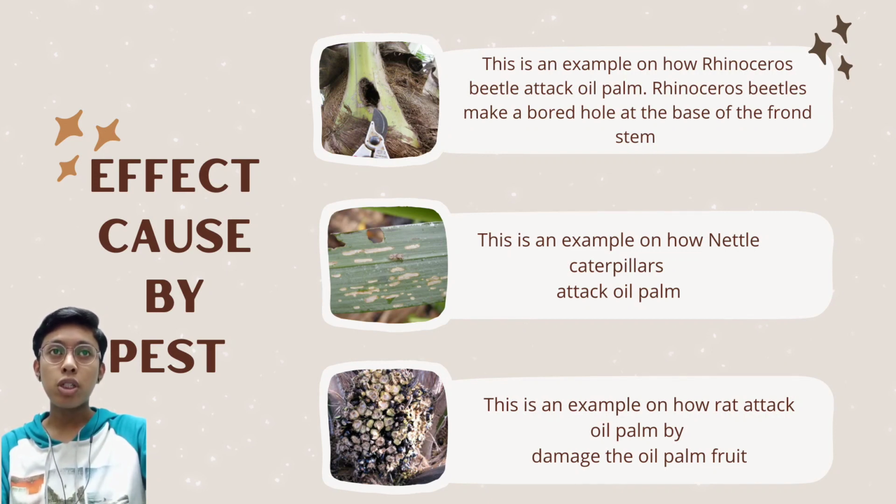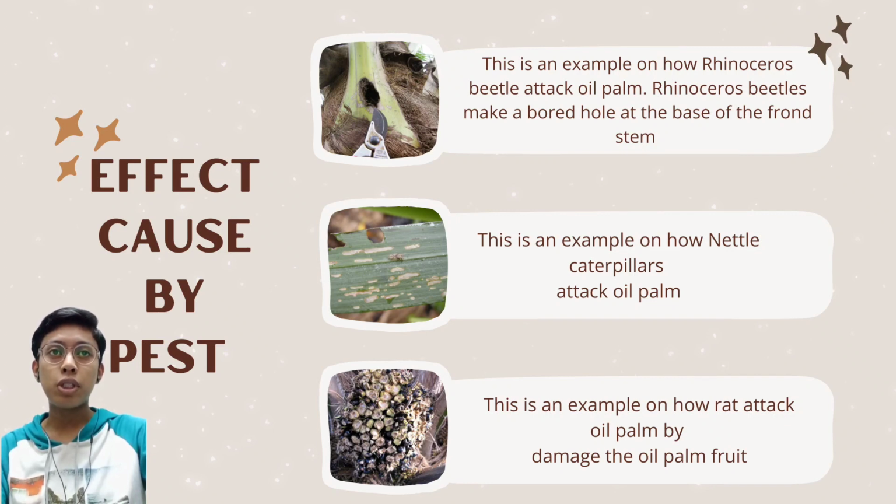The second picture shows how the nettle caterpillar attacks oil palm, especially the leaf part, because the nettle caterpillar likes to eat leaves and damage them, turning the leaf yellowish in spots, and the leaf will die.